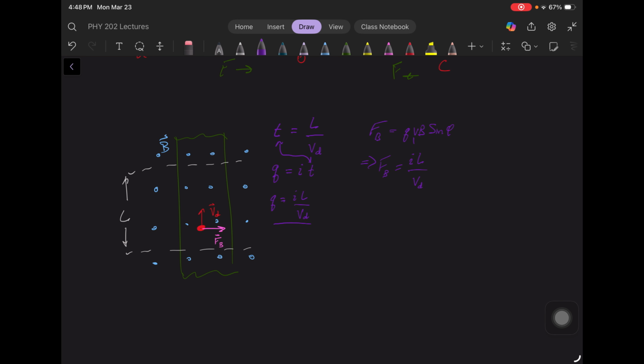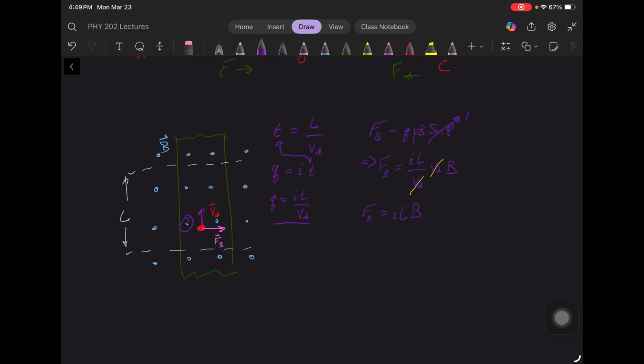Well, V, that's the drift velocity, so we get that again. And then we have a B. What are our angles? Phi is equal to 90 degrees because our velocity is perpendicular to the magnetic field, and so sine goes to 1. Look at that, we can cancel this out. And so we get the force is equal to ILB.